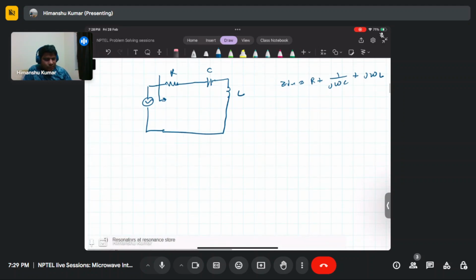Also, if you sweep the frequency of this source, and you are driving this network to drive some load, your power will vary. Let's say this is L and this is R, which is the load you want to drive.